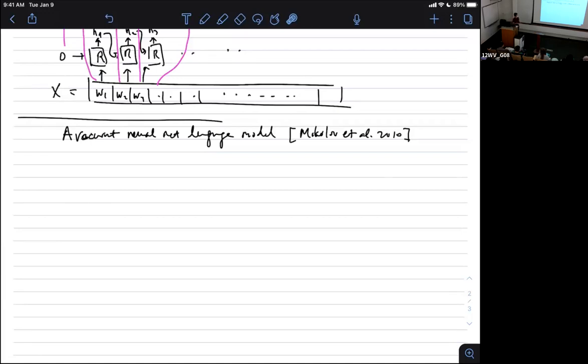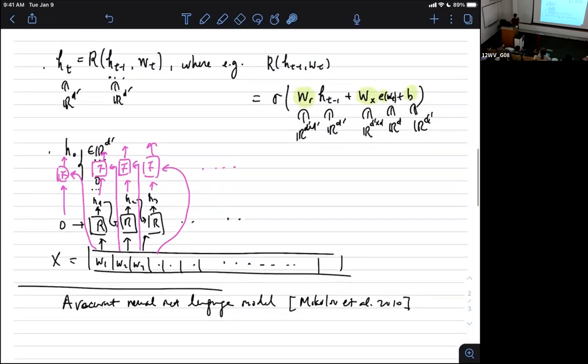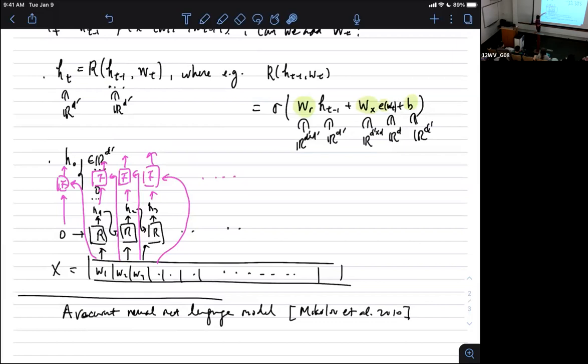One thing I want to quickly point out is that if you look at this from a slightly different angle, from the side, you notice that this is really just a very, very deep neural network. The depth of the neural net is the same as the length of the input sequence, and every layer takes the input and also makes a prediction. And every layer shares the same set of parameters.